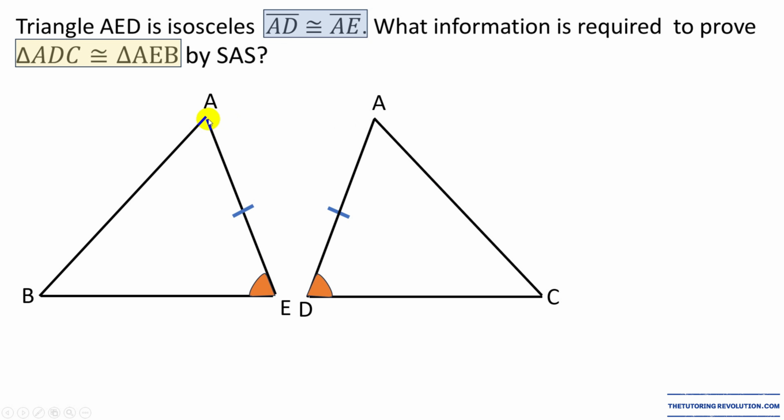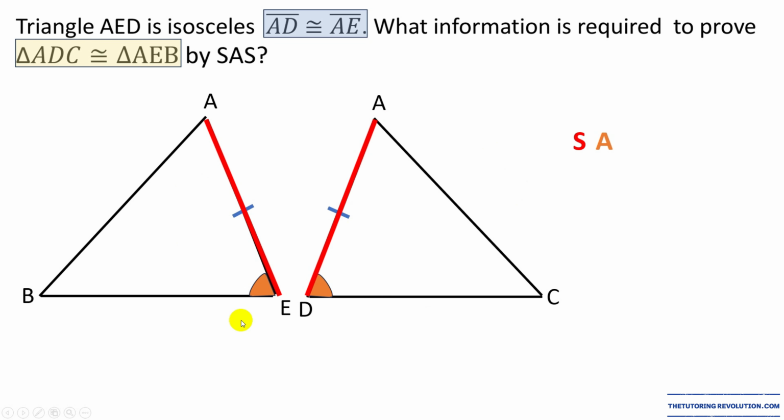Now, I see that these two triangles have a side in common, an angle in common, and what I need to finalize the side, angle, side is that this other side has to be congruent to each other. And that's the missing piece of information.